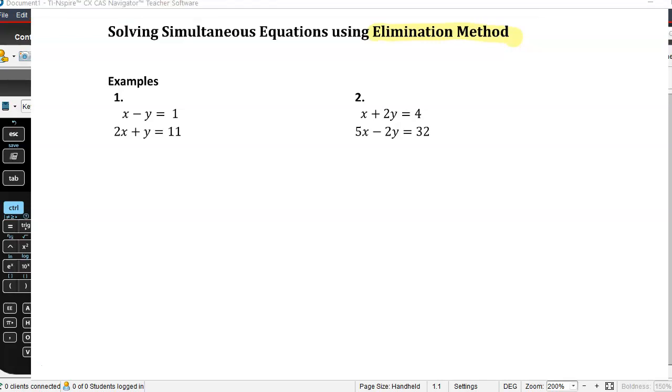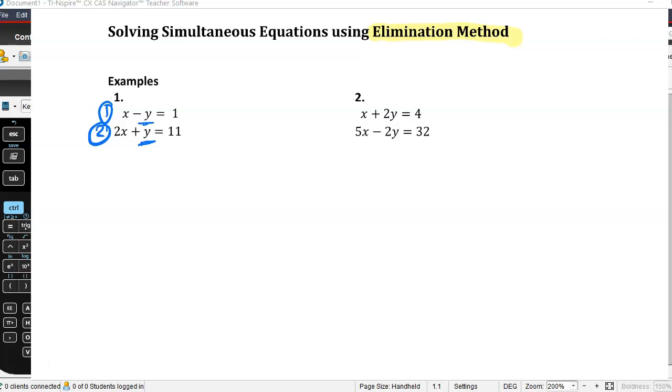Alright, so this first example, example 1, we've got x minus y equals 1 and 2x plus y equals 11. Let's call this equation 1 and equation 2. So looking at these, the y, we can see, well, they're both 1y, aren't they?